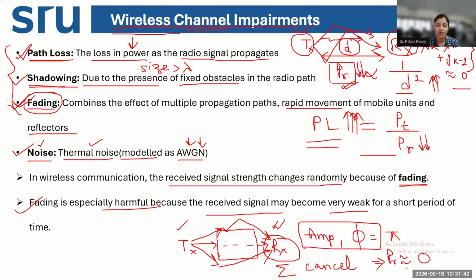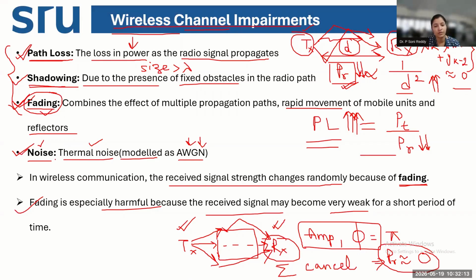Almost equal to 0 means it appears as if there is no transmission from the transmitter, which is not the case. I am transmitting a signal, but at the receiver side I am receiving zero signal. So the transmit signal is being lost because of this wireless propagation channel due to multipath effect. This rapid variation of the signal amplitude with respect to time is called the fading effect. Now, apart from these three effects, you also have something called noise.